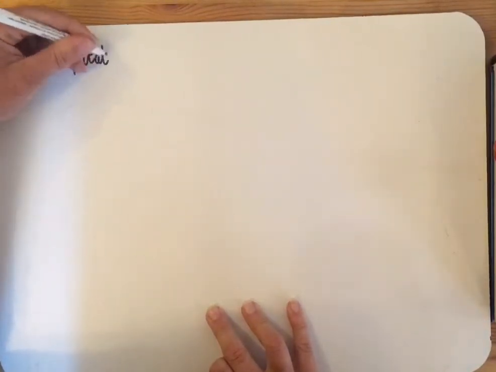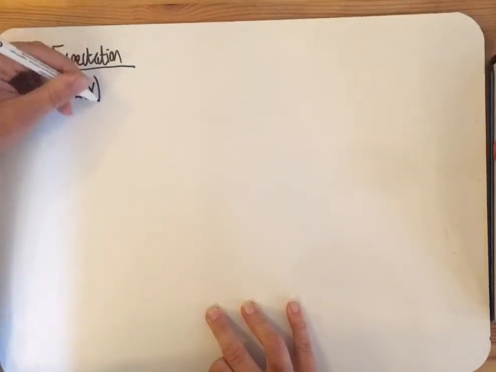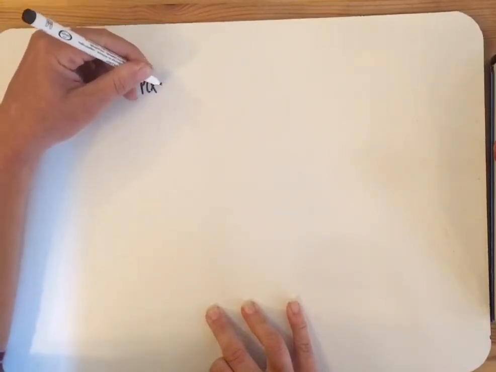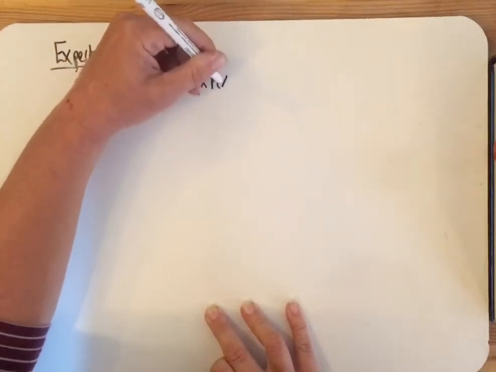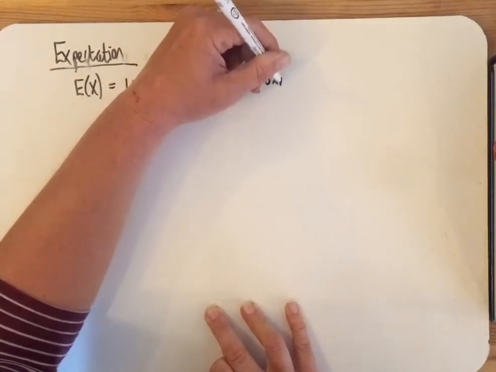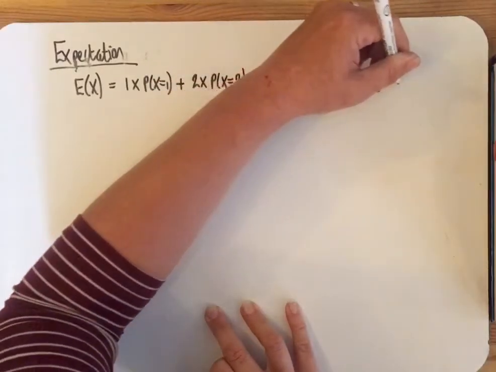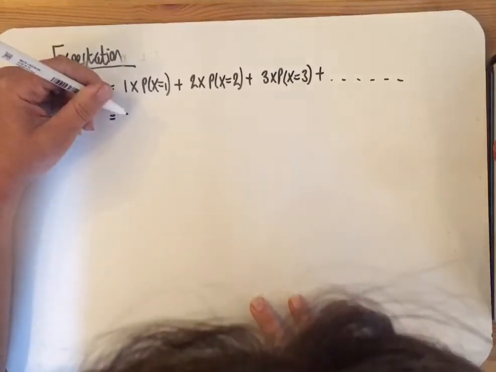So for the expectation, the expectation of X is equal to 1 times the probability X equals 1, plus 2 times the probability X equals 2, plus 3 times the probability X equals 3, etc. And again, that's going on to infinity. The probability X equals 1 is p.